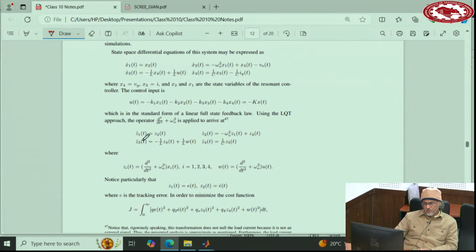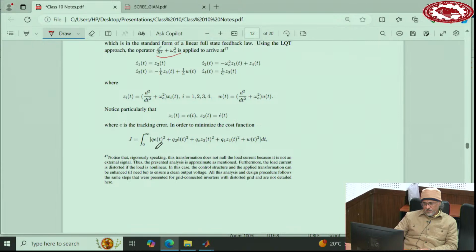So write down the equations, apply the transformation, and then the cost function will have the error and derivative of error, and Z3 and Z4 will be the inductor current and the output voltage when you apply the transformation to them. And this W is again the modulation index after you apply the transformation.